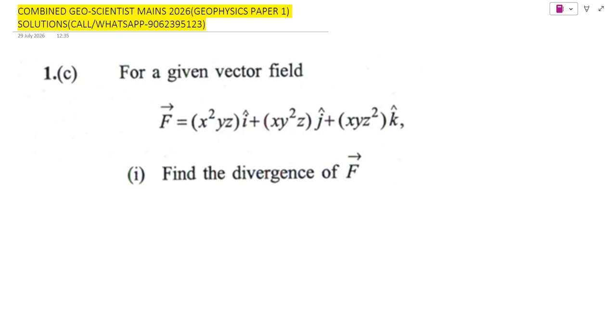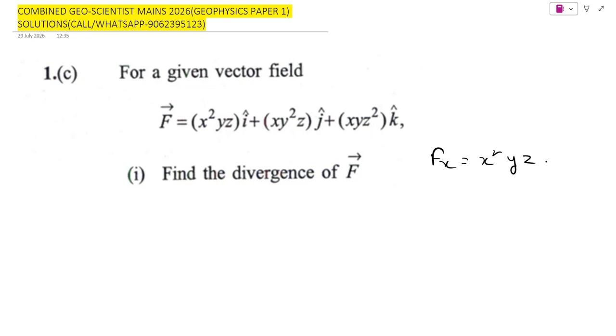First, before differentiating anything, let's understand what this vector field represents. A vector field assigns both magnitude and direction to every point in space. And here, along the x direction, the component is fx, x square y z.